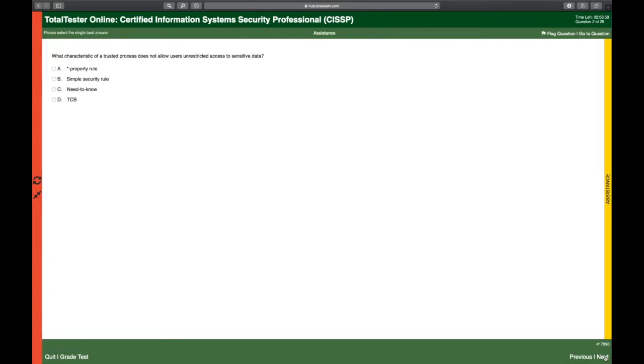Question number two, what characteristic of a trusted process does not allow users unrestricted access to sensitive data? This is a new one, but I think it's pretty straightforward. Unrestricted access to sensitive data is what's key for me. I think it's Charlie.